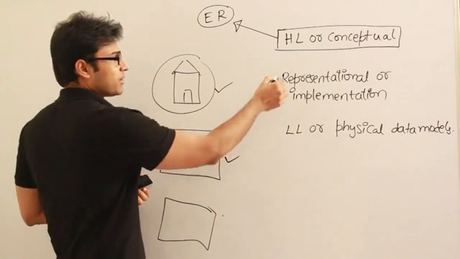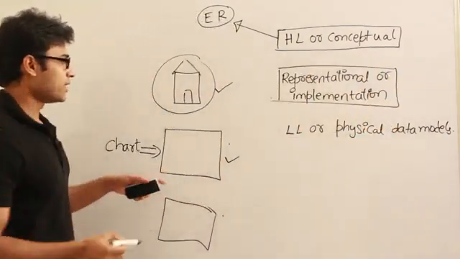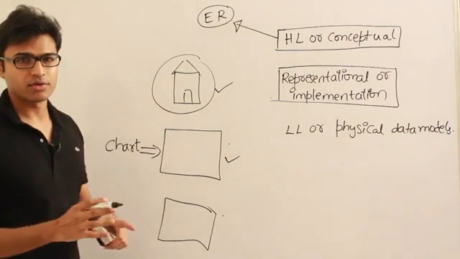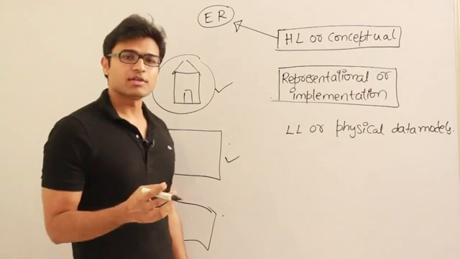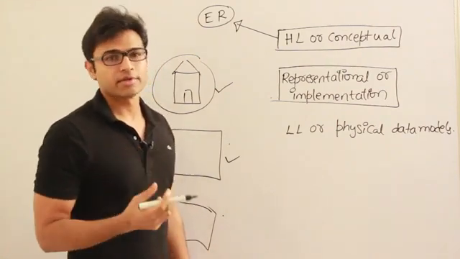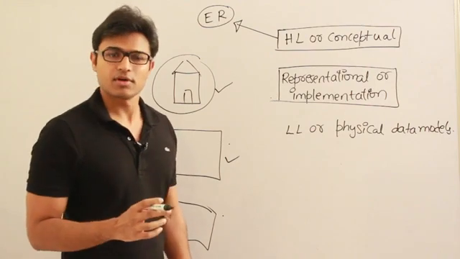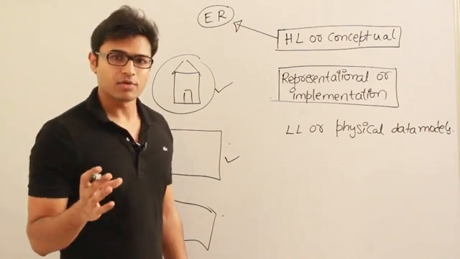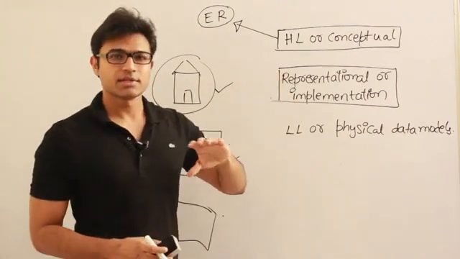And later, the representational or implementation model is just like the charts used while building a house. These models are used by the programmers. If you understand how an SQL query runs, or any query programming language runs, then you are going to use this representation to represent the database.